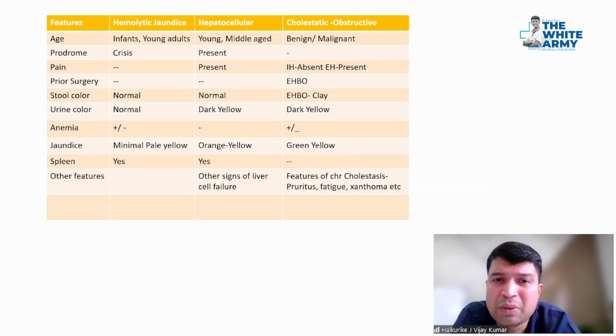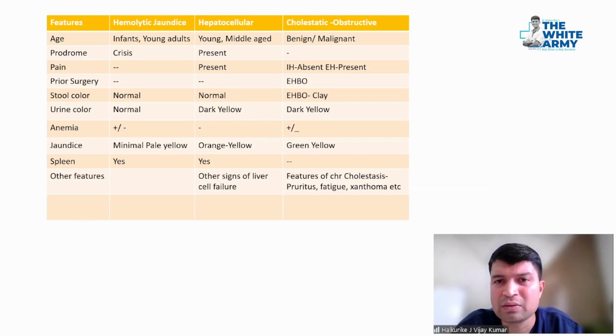Other features, particularly the signs of liver cell failure, which I described in our simple physical examination, are important, and are seen in hepatocellular jaundice because there is hepatocellular failure. In cholestatic jaundice, we don't have these, but we may find scratch marks or pruritus and other things. Features of chronic cholestasis are fatigue, xanthomas, and so on.